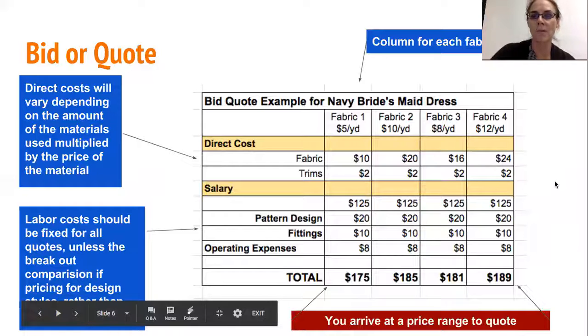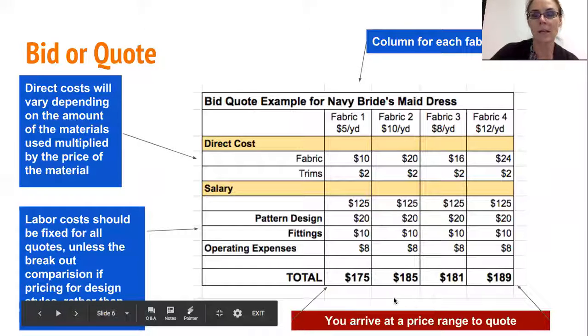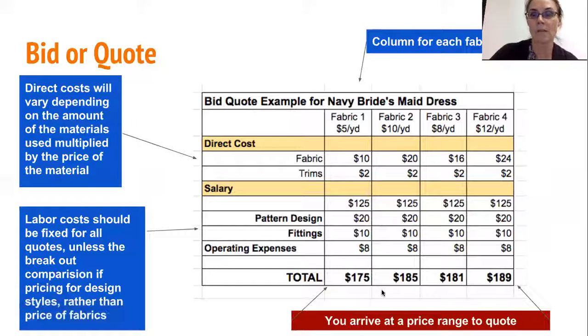So it's this fabric price that really changes. But a lot of times what I'll do with a client is, instead of giving just one price, because maybe in one of these fittings she might change her mind on something and want something adjusted or changed, or there may be some major issues that take a lot more time than you first anticipated, I usually go ahead and give them a range. So in this case, I may say to my client, I think our arrived at price should be somewhere between $175 to $190.